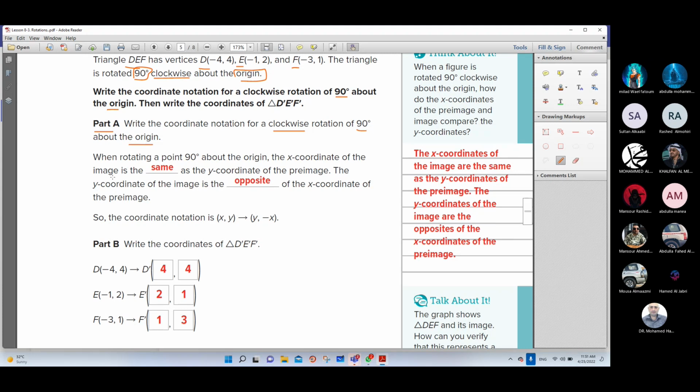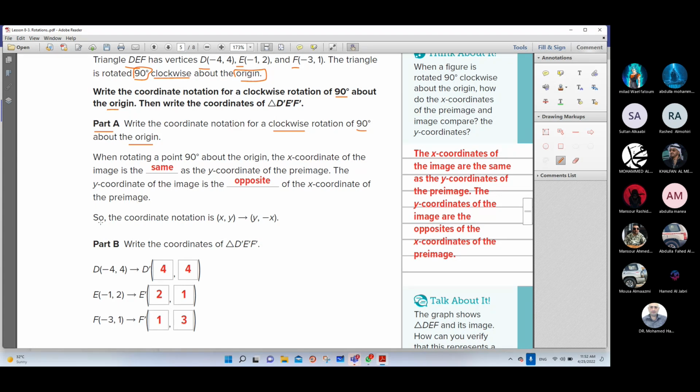So when rotating 90 degrees about the origin, the x coordinate of the image is the same as the y coordinate of the pre-image. The y coordinate of the image is the opposite of the x coordinate of the pre-image.